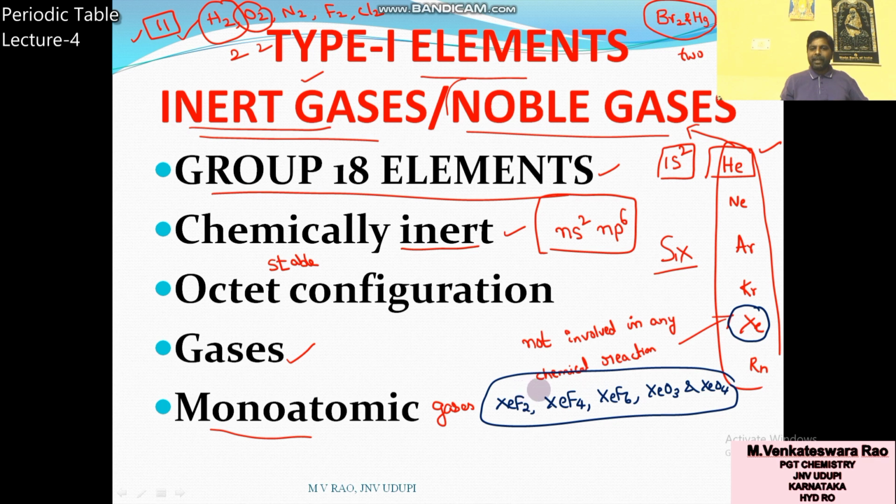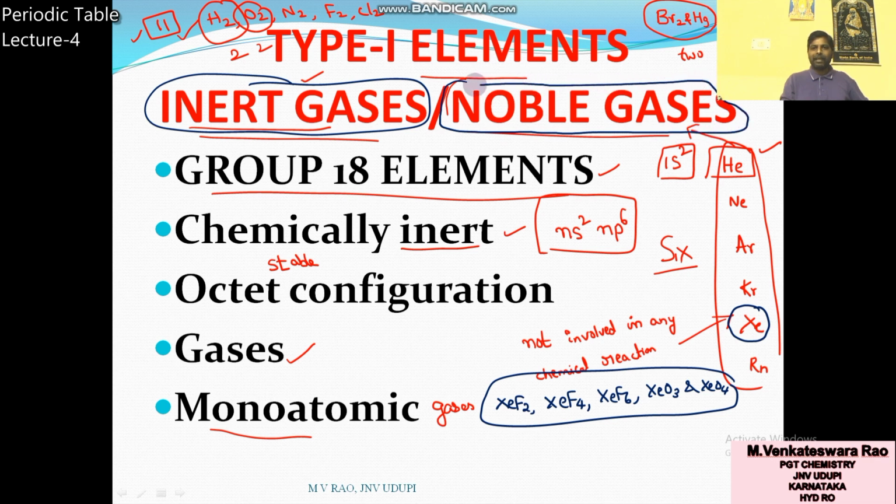Now xenon is participating in chemical reactions, so it is not correct to use the term inert gas because it is chemically active. That's why it is better to use the term noble gases for these elements. So group 18 elements are called noble gases. Understood?